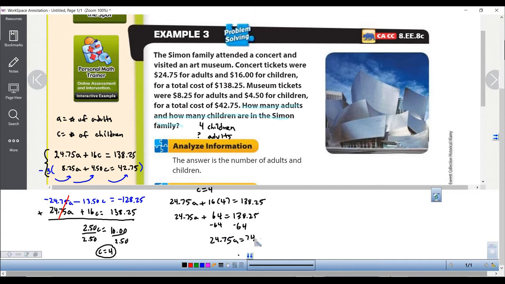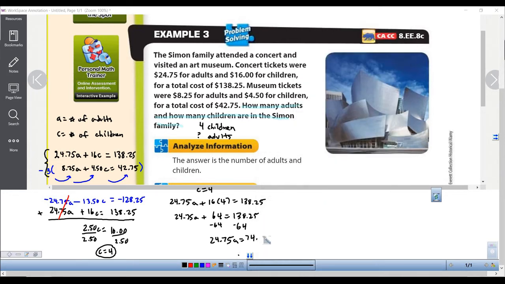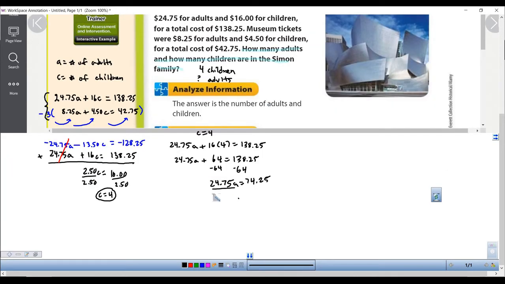We're finding the number of adults, equals, what was it, 74.25? And I'm sure hoping that this goes in evenly, right? If it doesn't, we would get part of an adult, and we don't want adult parts. Right, never mind. I'm not going to go any further with that comment.